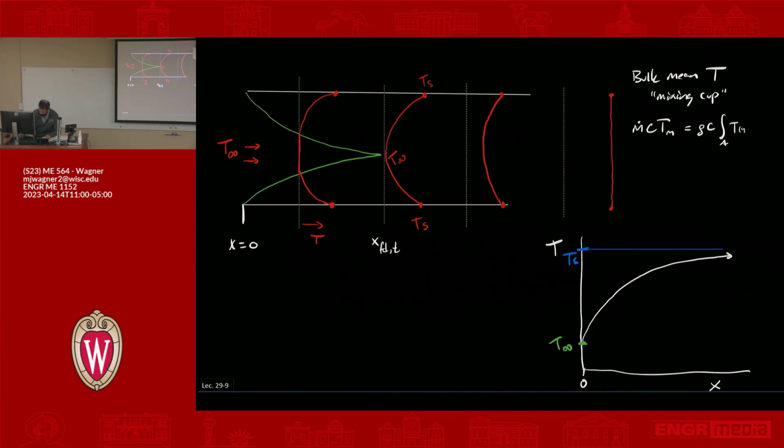And T is a function of y, times U as a function of y, dAc, the differential of the cross-sectional area. So you're taking the area integral of temperature and of velocity. So it's essentially like a velocity-weighted average temperature. All right, and that's what we're plotting here. So this down here is my T sub m.